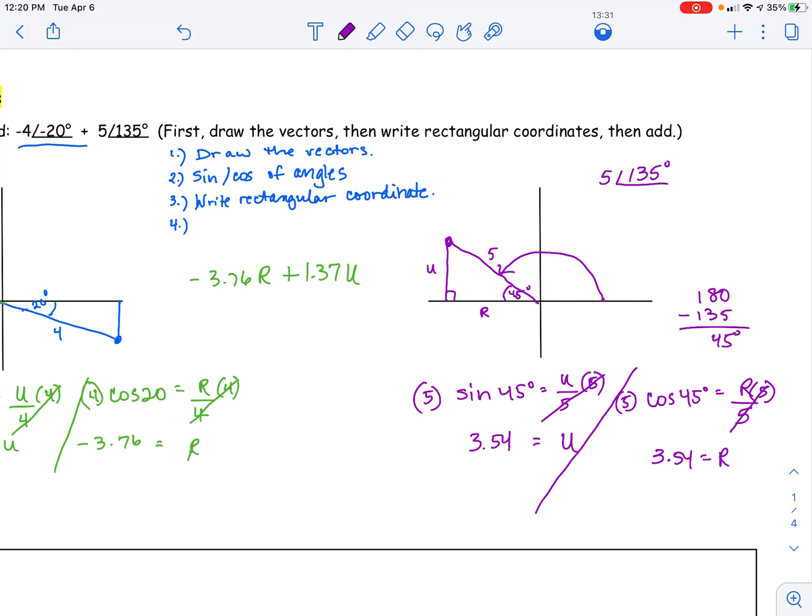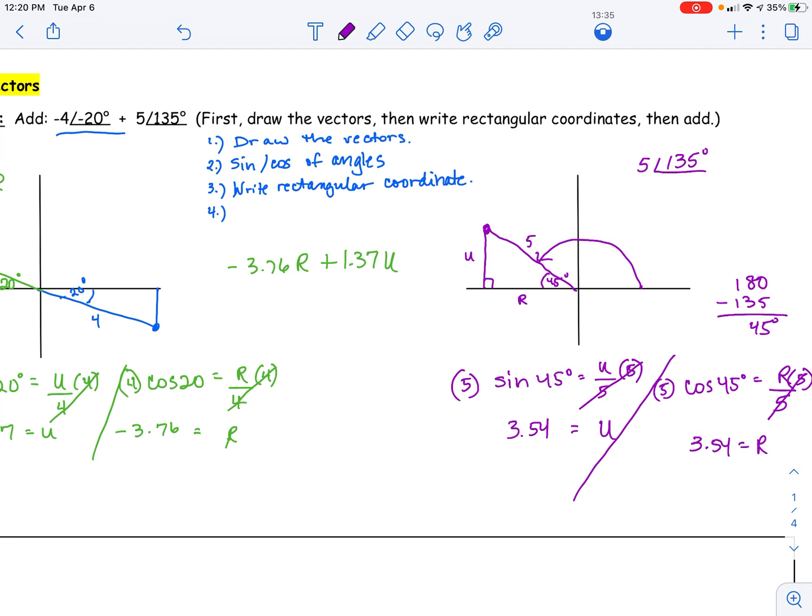Now let's go put these over here in a positive or negative. What are they going to be? Let's put those over here underneath our green rectangular coordinate. So you're going to have right comes first, and that's negative, right? Negative 3.54, right? Because look at the direction it's going. It's going this way, negative. And then plus, it's going up in a positive direction, so plus 3.54 up.